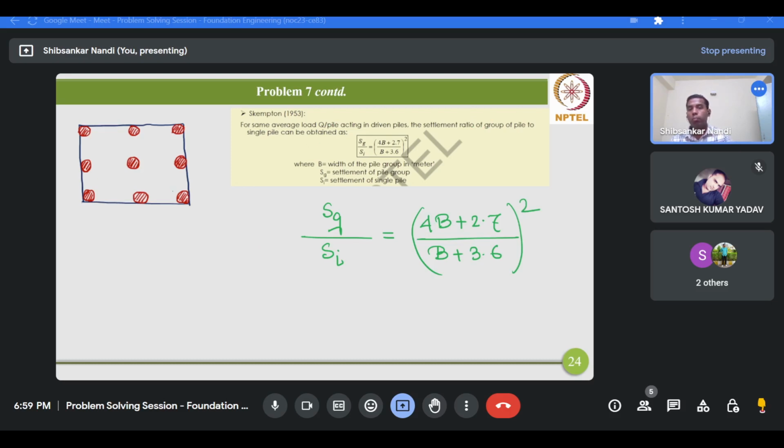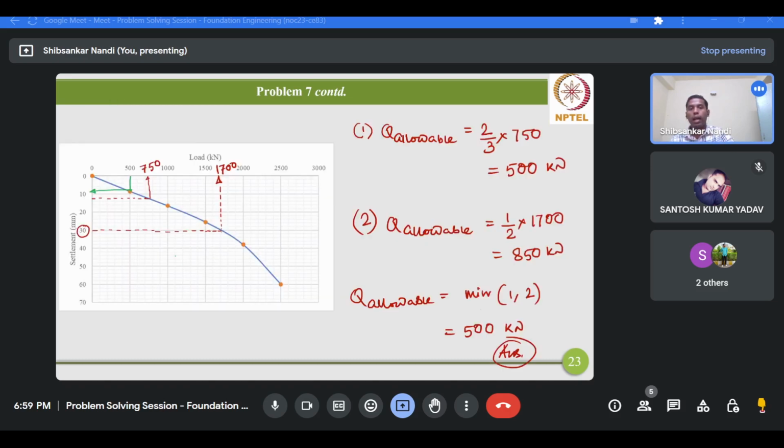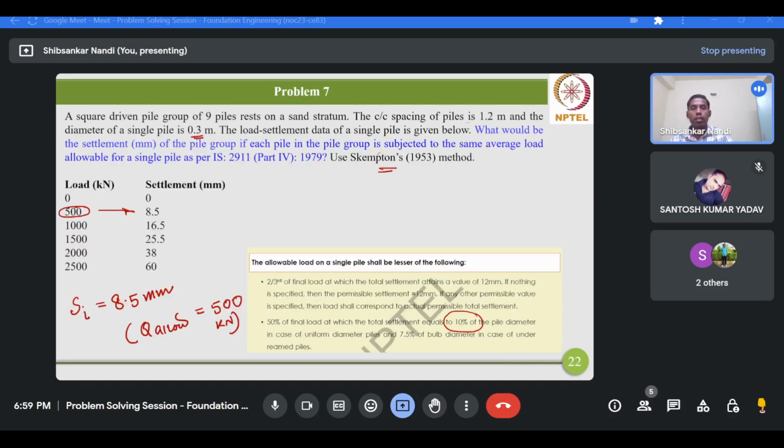Here B is nothing but the dimension of the pile group. To calculate B, it will be 2 times the center to center spacing of piles, which is given as 1.2 meter, plus the diameter of the pile, which is 0.3 meter.